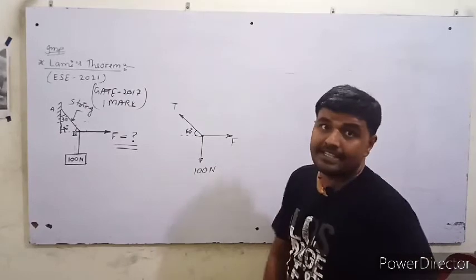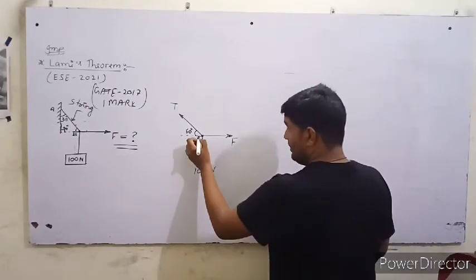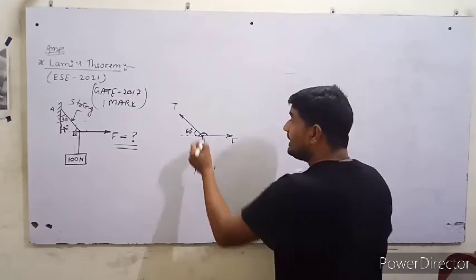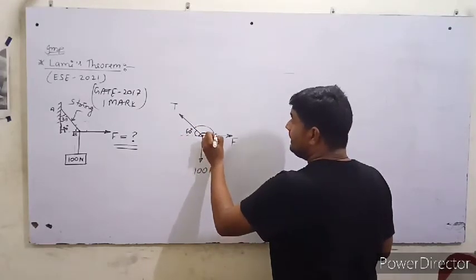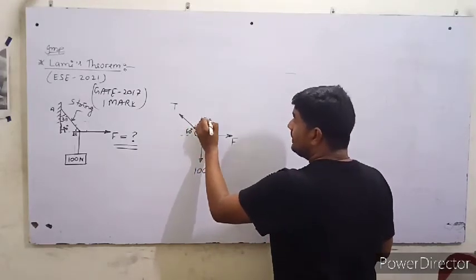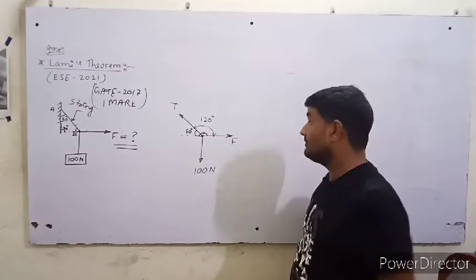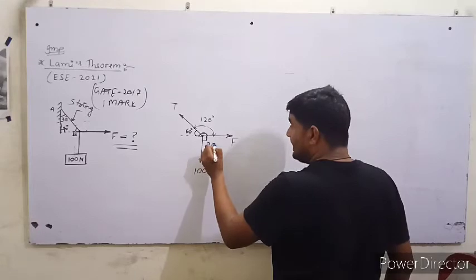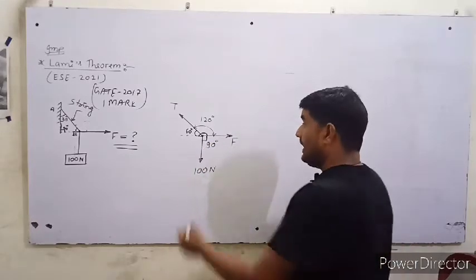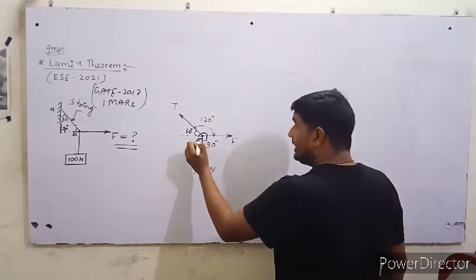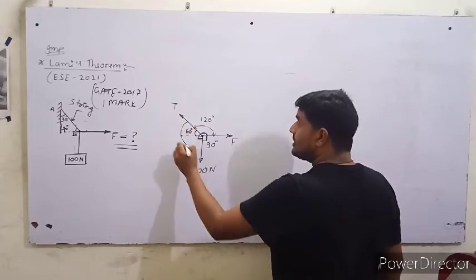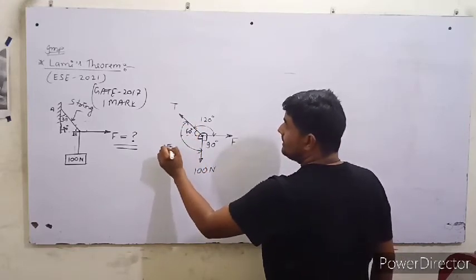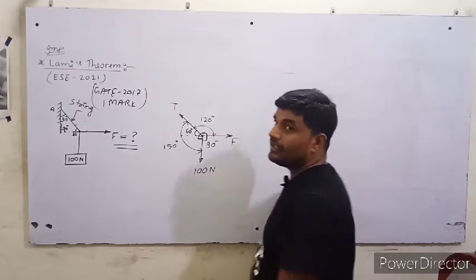If this angle is 60 degrees and this total angle is 180 degrees, this angle will remain 120 degrees. This angle is already given to us, that is 90 degrees. This angle is also 90 degrees. If this is 90 degrees, this total angle will become 90 plus 60, that is 150 degrees.